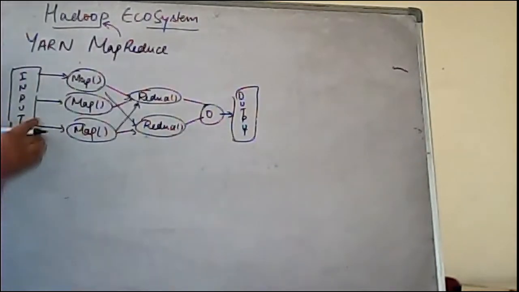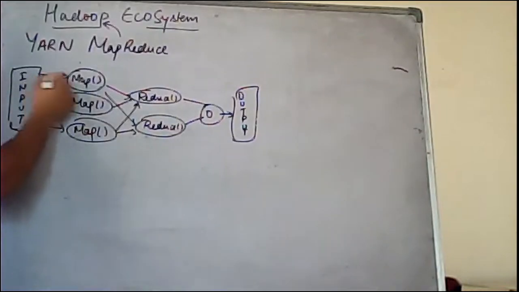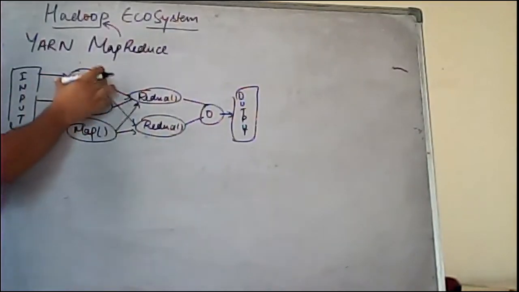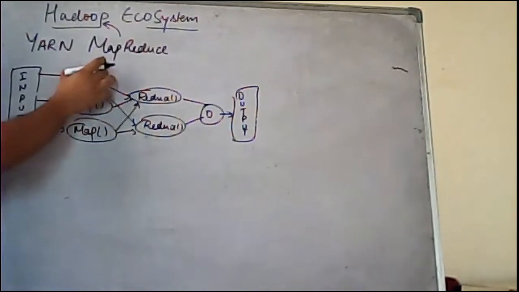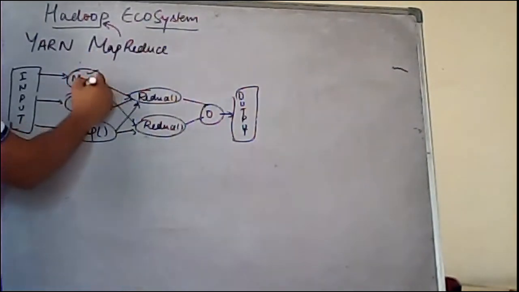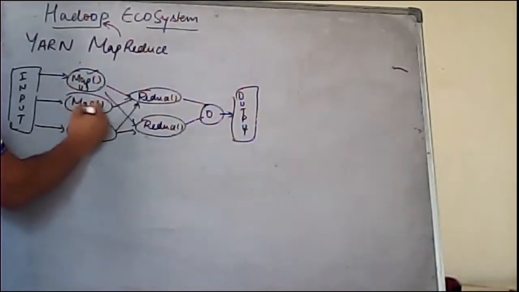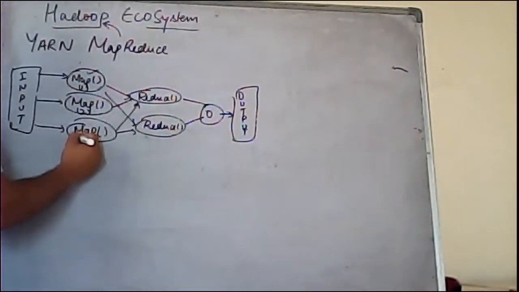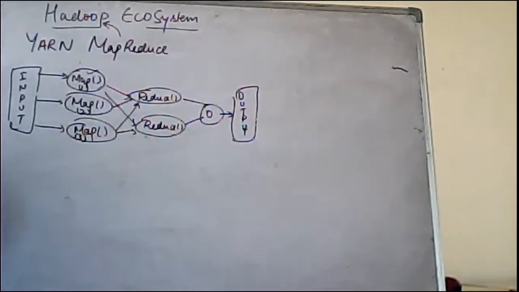Input will be your data, and that will be distributed to different maps. If I say block 1 is given to this map, the second is given to this one, the third is given to this one, it means your data will be distributed.